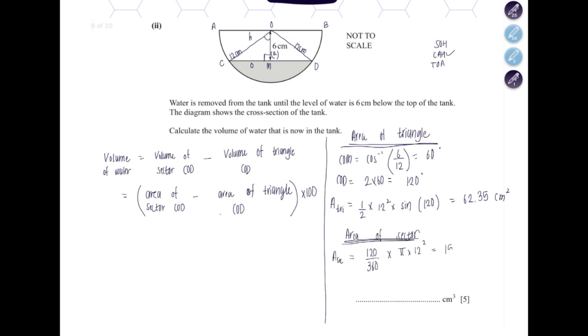This will be 150.8 centimeter squared. So now we can plug it into the volume. 150.8 minus 62.35 and then multiply it by 100.